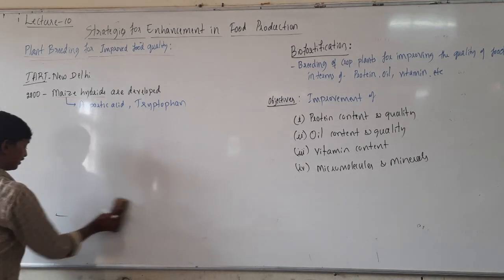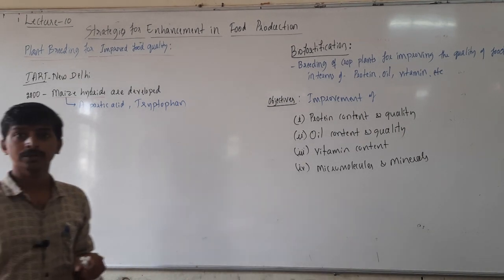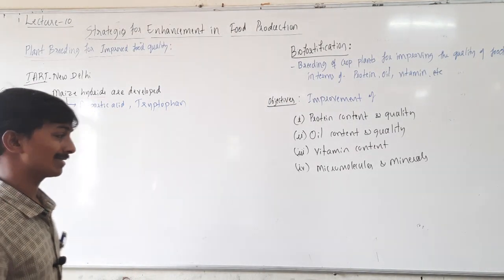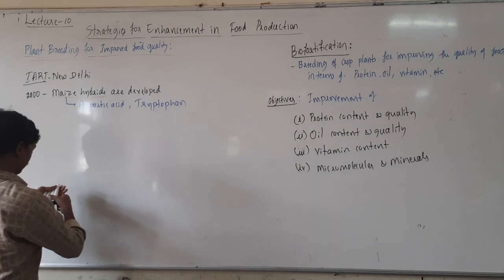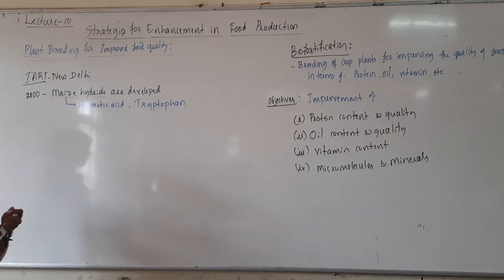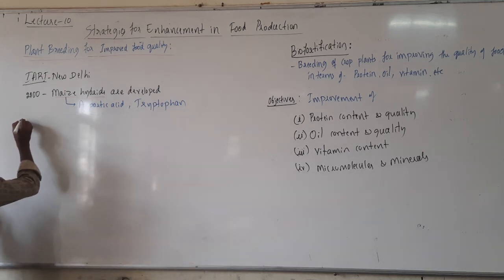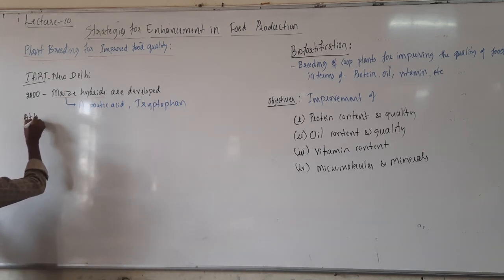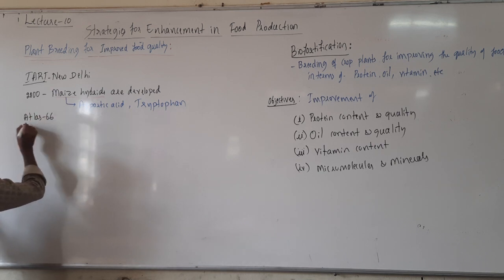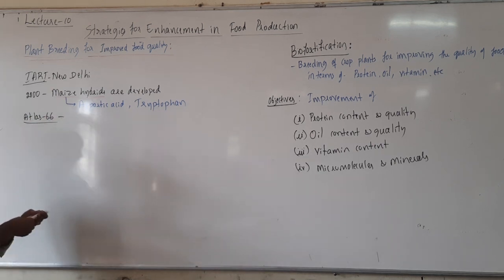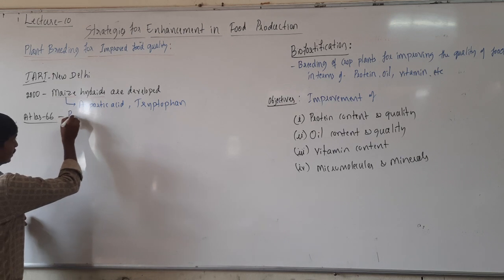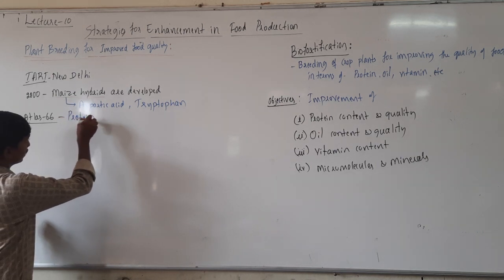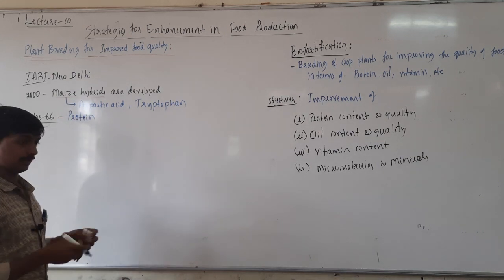So these maize hybrids contain these amino acids in greater amounts. One variety of wheat, Atlas 66, contains a high amount of protein.